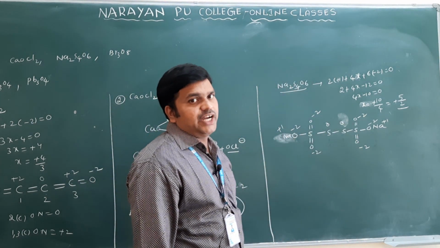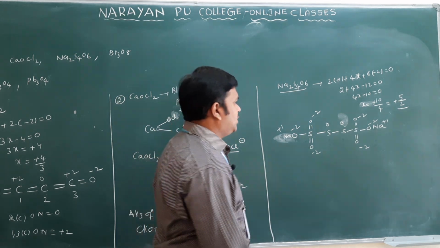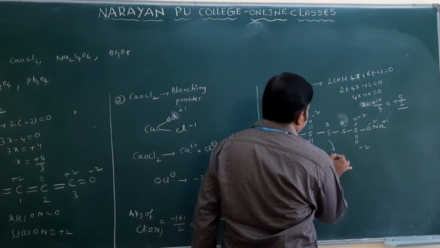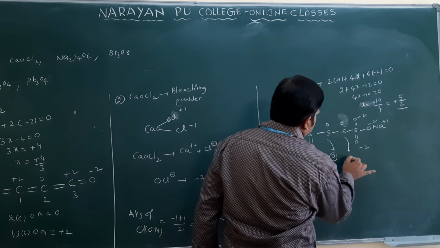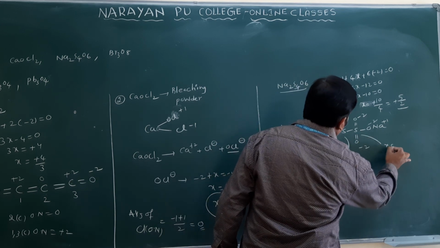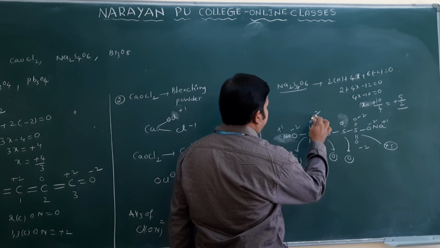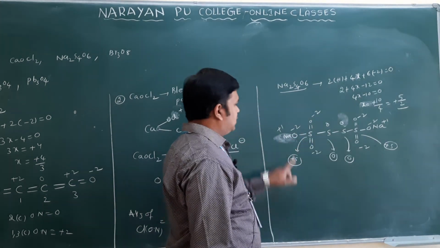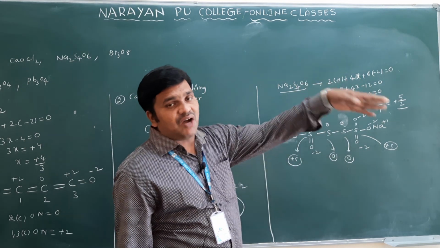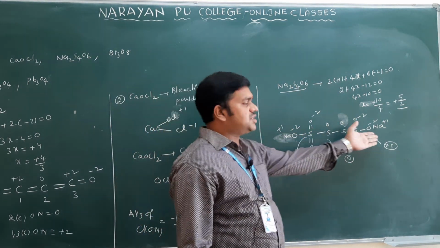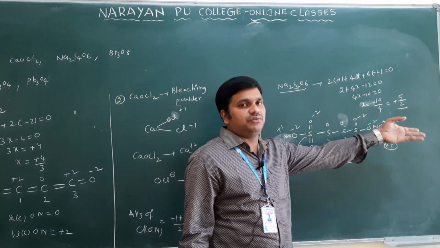For the terminal sulfurs you will get +5: -2, -2, -2 is -6, +1 is there, so -5 after x you will get +5. Here also the same, -6 is there, +1, so you will get +5.